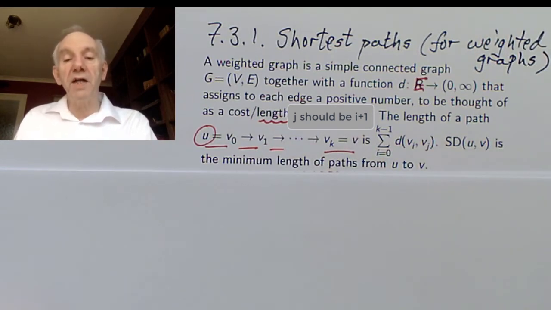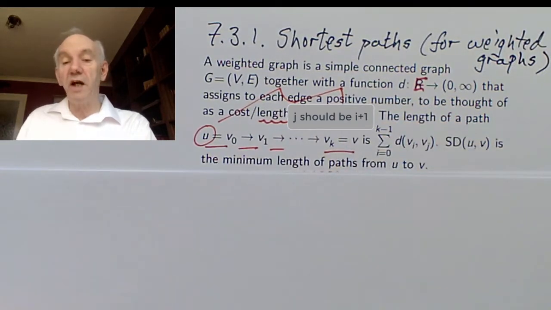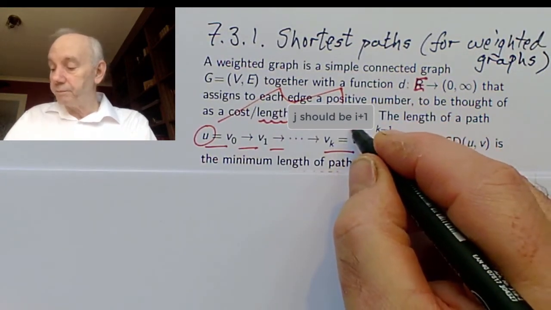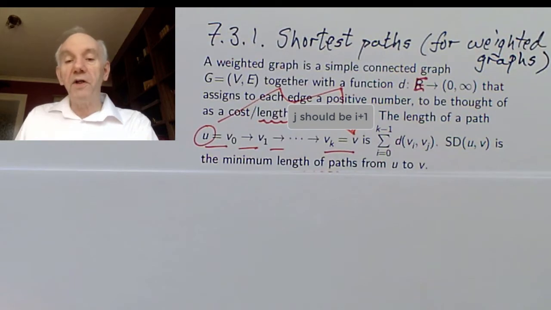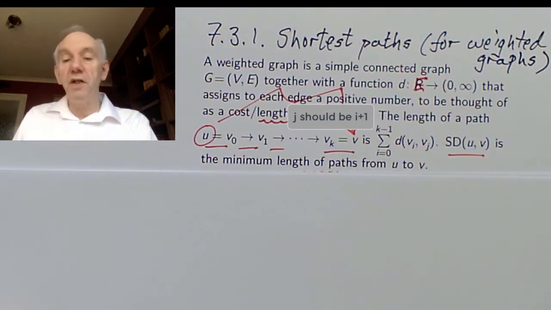And having made that definition, we can look at different paths that go between the same vertices. So here's one path. We may have another path going between u and v like that. And we can look at the length of that other path and we can compare them, and we take the minimum of those lengths, and that would be the shortest distance between u and v.